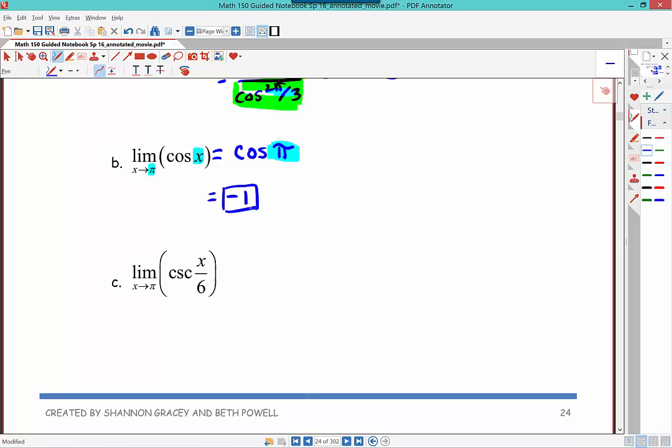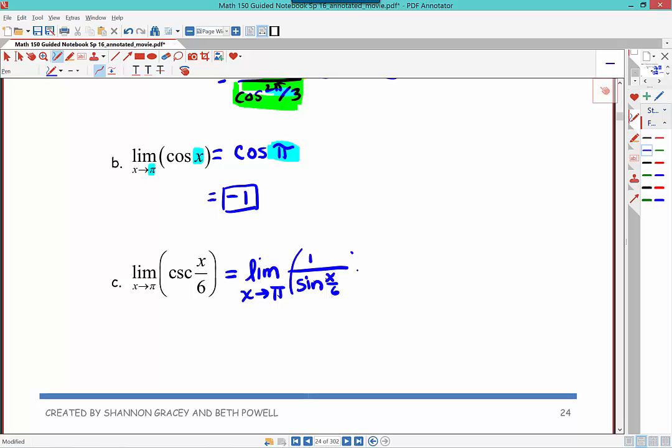All right, again, the cosecant function is considered a reciprocal function. So I'm going to say this is equivalent to the limit as x approaches pi of 1 over sine at x over 6.